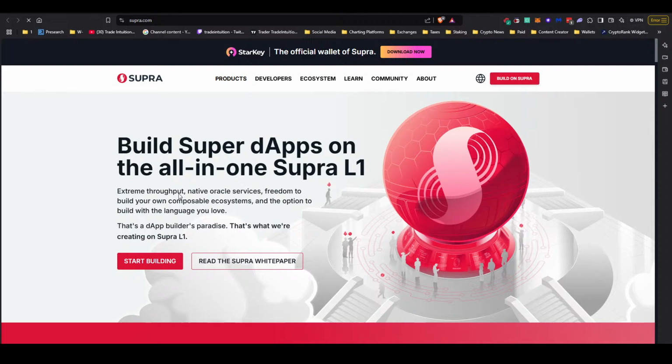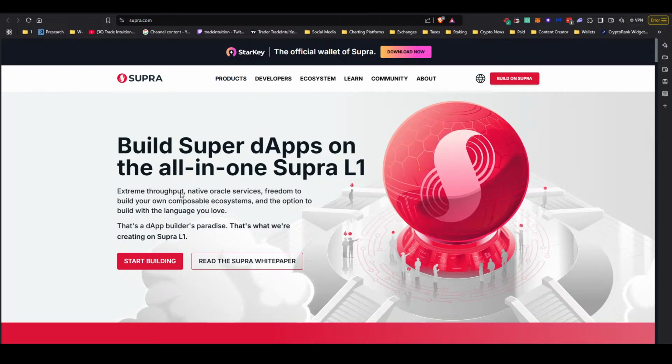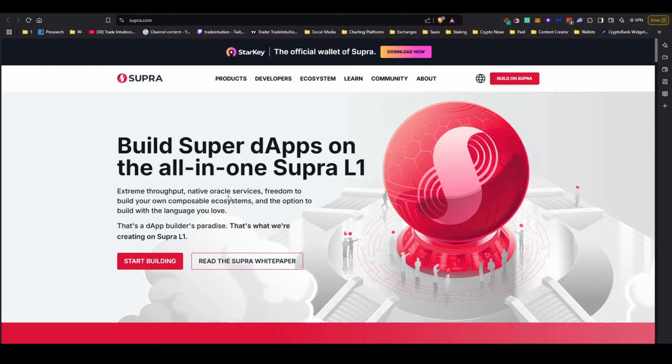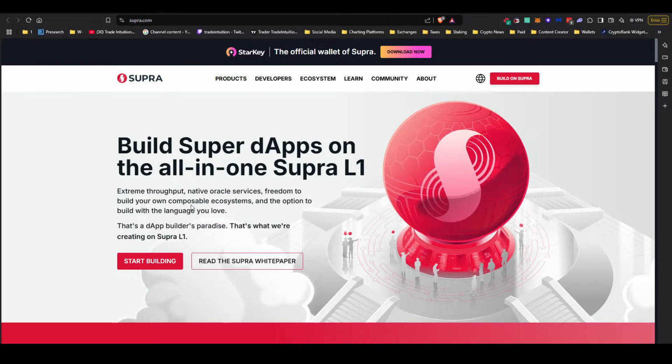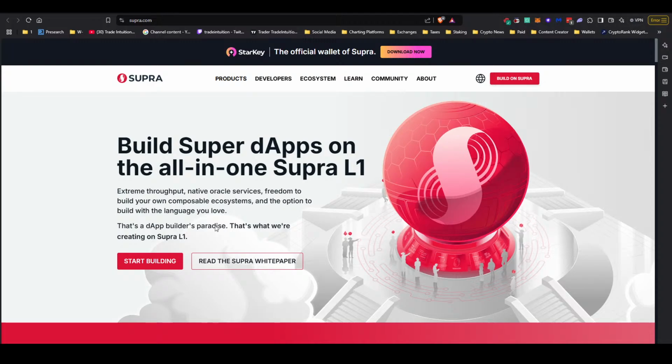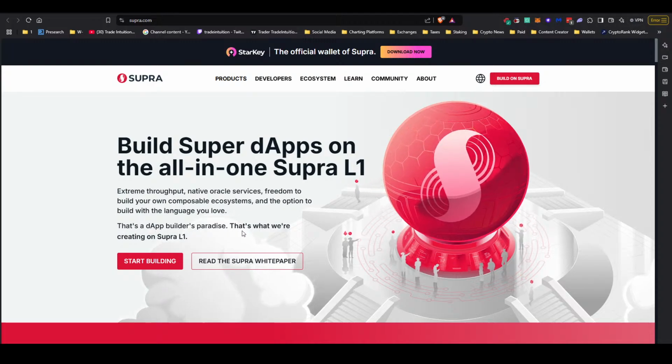I know how to chart and make money. All right. Native Oracle services, freedom to build your own composable ecosystem, and the option to build with the language you love. That's a dApp builder's paradise. That's what we're creating on Supra Layer 1.